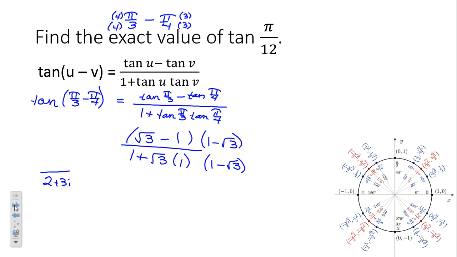Okay, so 1 times 1 will be 1. Outside gets me negative square root of 3. Inside gets me positive square root of 3. And last is going to get me a negative square root of 3 squared. Okay. And then let's work on the top. 1 times the square root of 3. Square root of 3 times negative square root of 3. Negative 1 times 1. Negative 1 times a negative square root of 3.